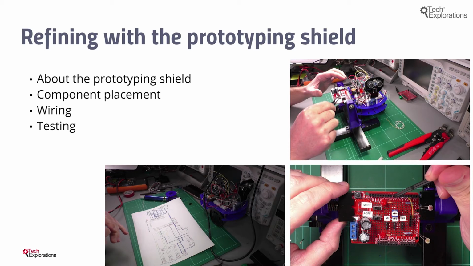So I'm going to show you what the prototyping shield does and how it works. Then we'll walk you through the process of placing the components on the prototyping shield, soldering the components in place and then doing the wiring. And finally, of course, there's the testing.